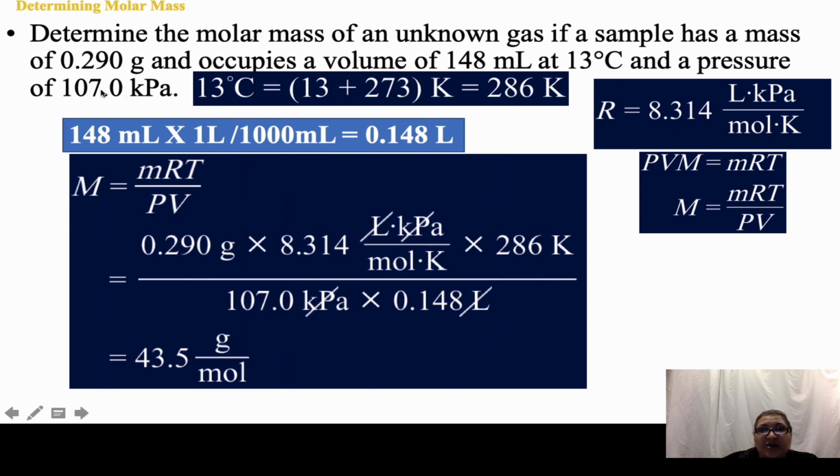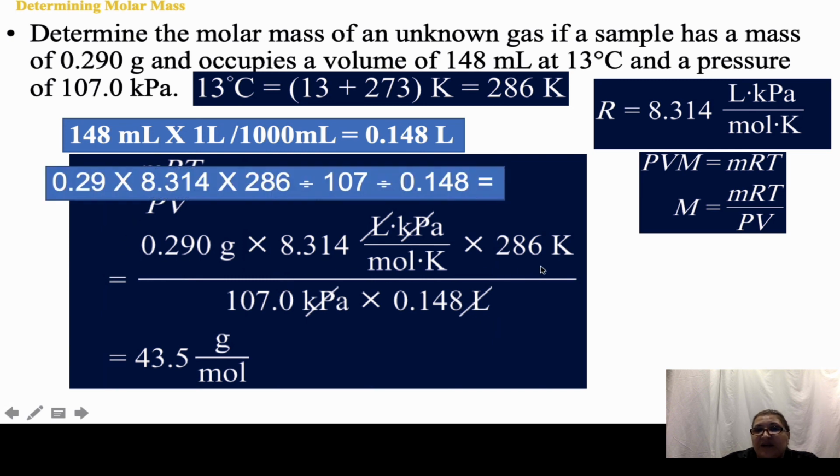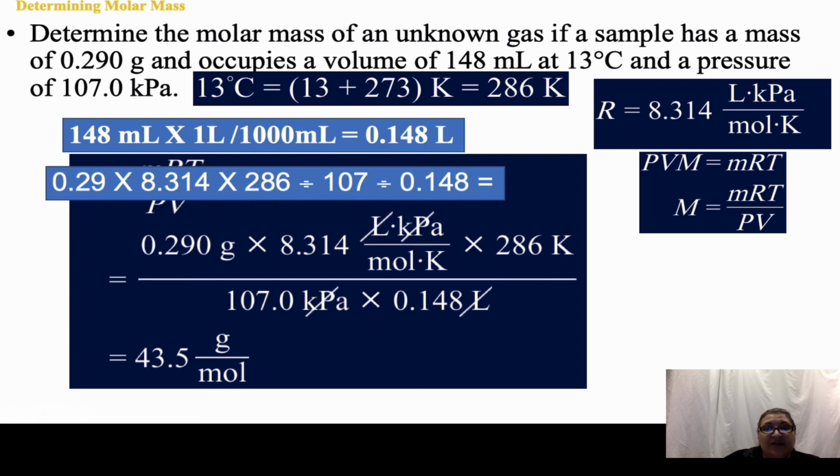We know our pressure to be 107. And our volume we just changed to 0.148. Multiply everything on top, 0.29 times 8.314 times 286, divided by 107 times 0.148, which gives us 43.5 grams per mole.